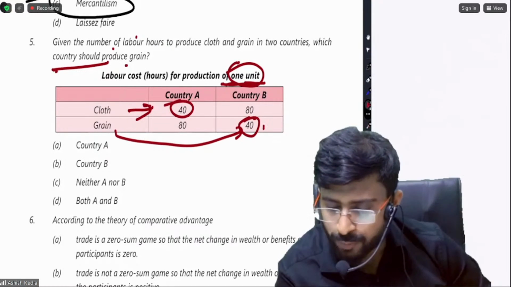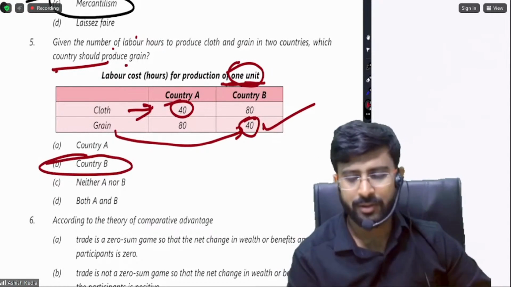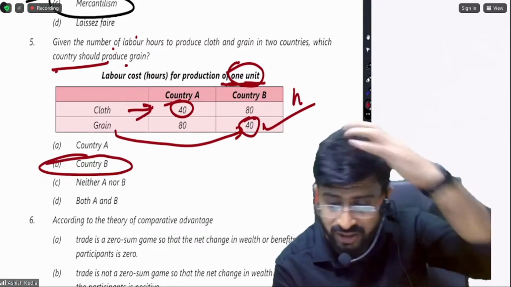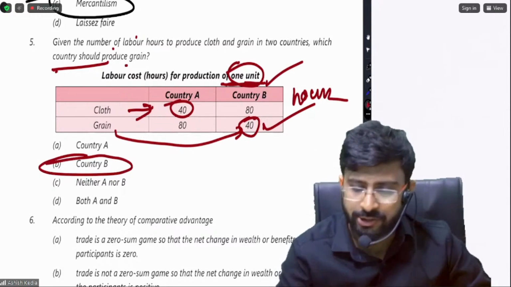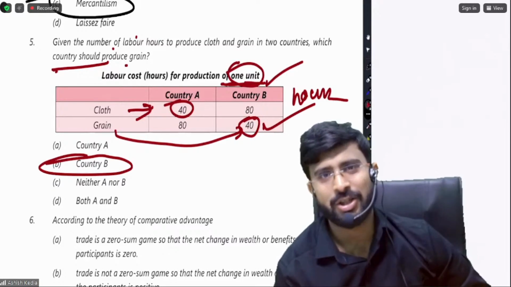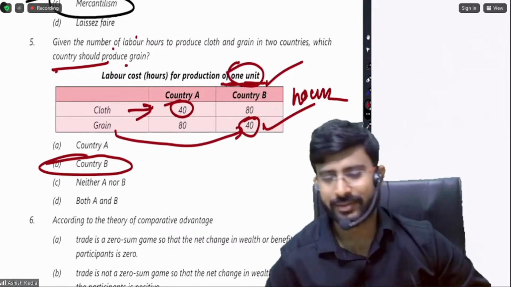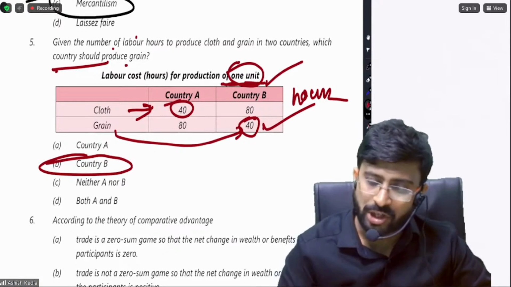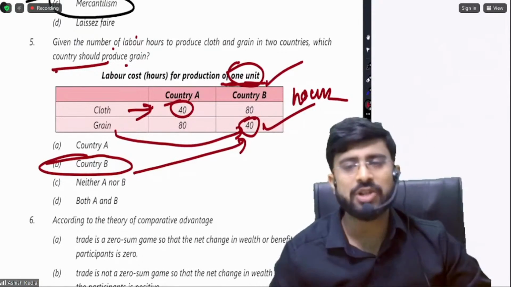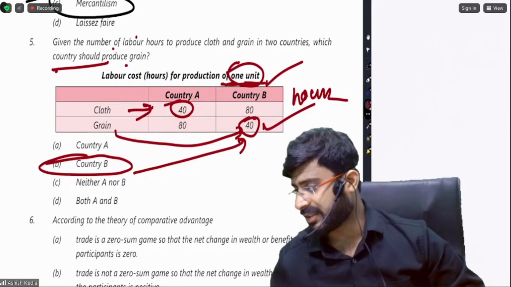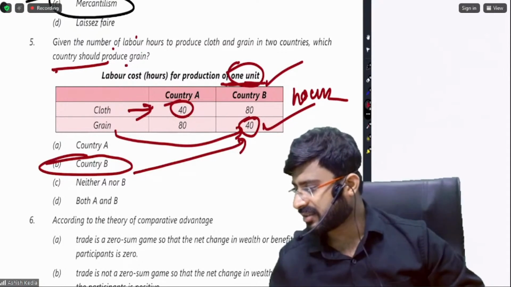So of course, grain should be done by country B, because this is the time consumed that we are talking about. These are not units, these are the hours, so we should take fewer hours. So country B should be involved in production of grain, as it has absolute advantage here.